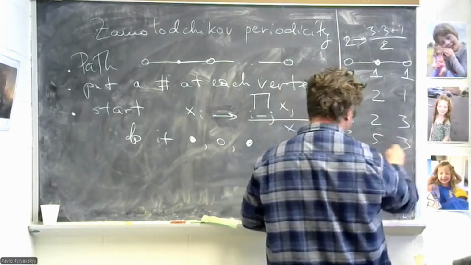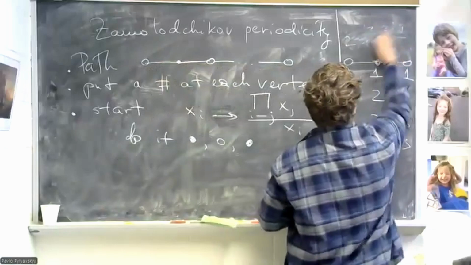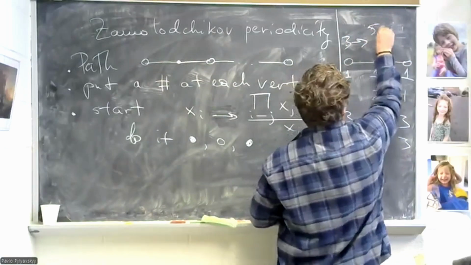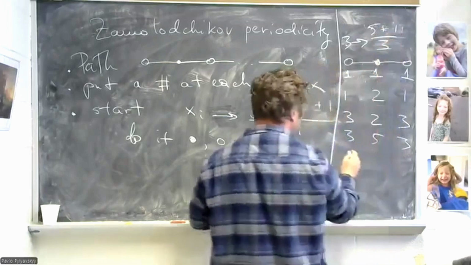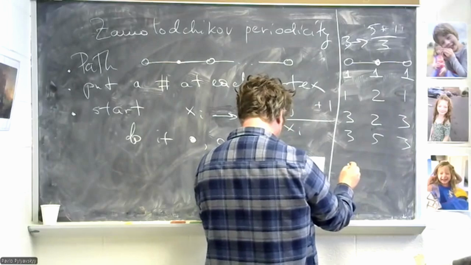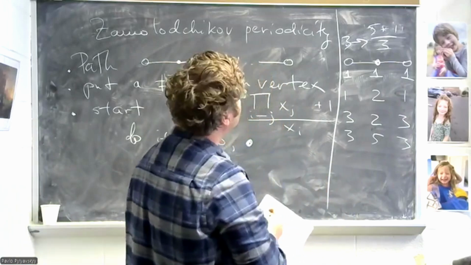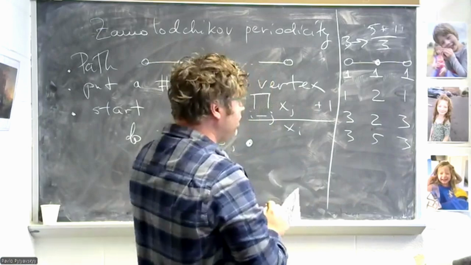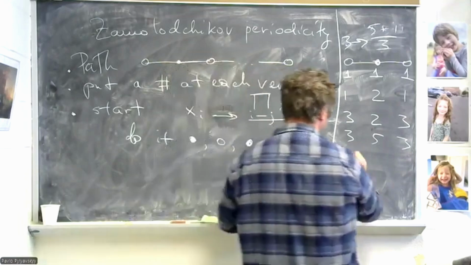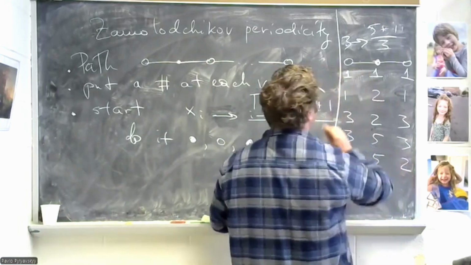Then each of those threes, let's see what happens to the threes. 3 changes into 5 plus 1 divided by 3, which is 2. Wait, is this right? 3 changes into 5 plus 1 divided by 3, 2. So we get 2, 5, 2.